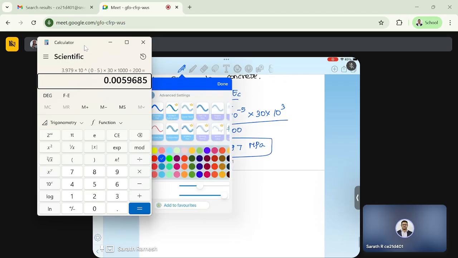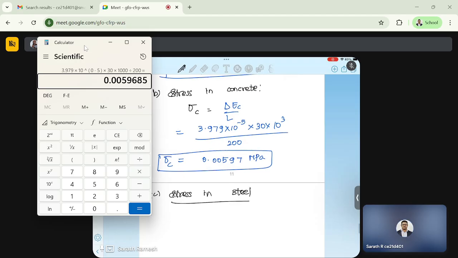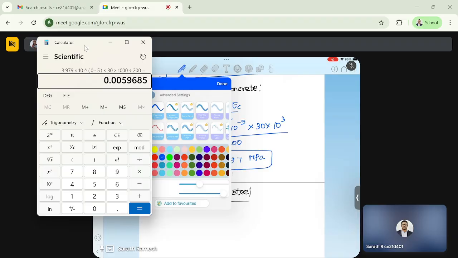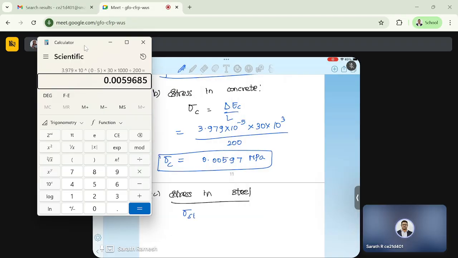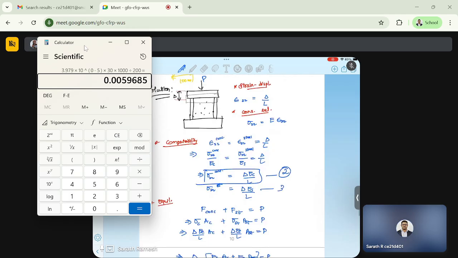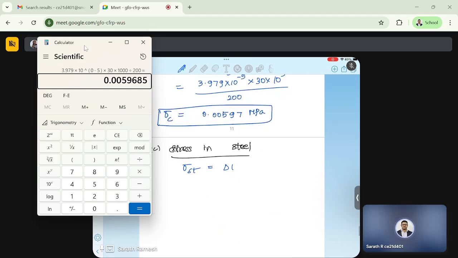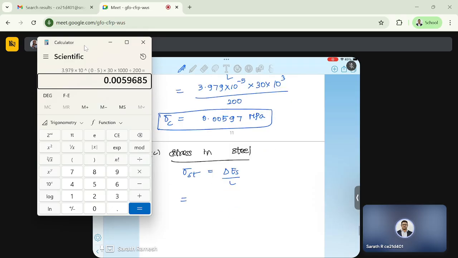Right. And finally, we need to find the stress in steel. What will sigma steel be? We already have this expression, say 3: delta into ES by L. So delta is again there.